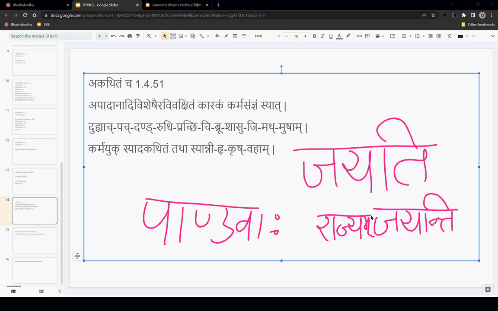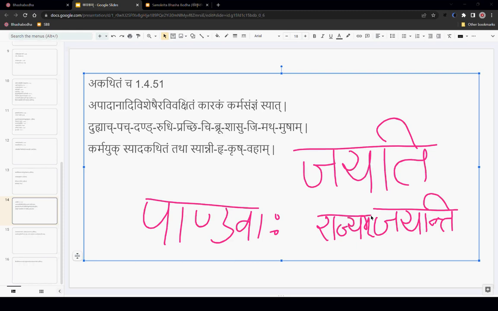So here you see how this jayanti is used, if we want to use it as a dvikarmaka. So we are winning something from somebody. So that way the prayoga should be there. Pandavah Duryodhanat rajyam jayanti. Okay, next.